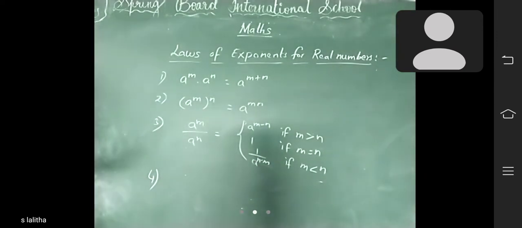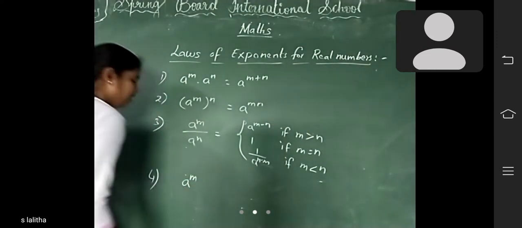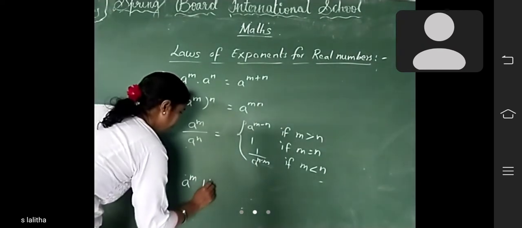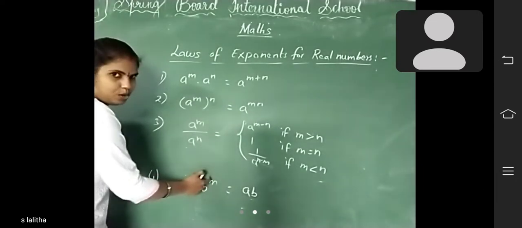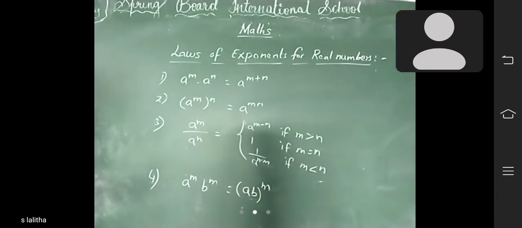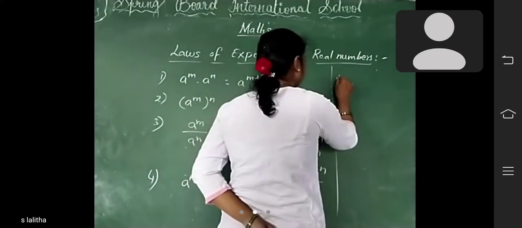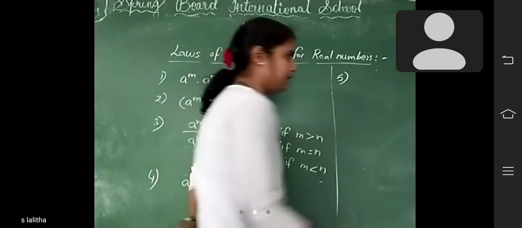Next, fourth law is a power m into b power m. So a and b both are having same exponent, so that's why ab whole power m. And next one, fifth one is 1 by a power n.